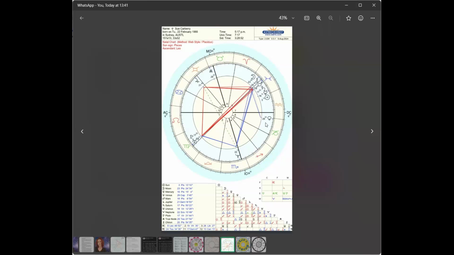I'm a tough taskmaster. That's Capricorn. Tough, but I can hold space with love and compassion because I've got the Pisces and the Venus there. But if you're having a whinge and a whine in victim mode, sorry, I can't do it. Who's the taskmaster? I am. But on this chart, it's because this is Capricorn, ruled by Saturn.